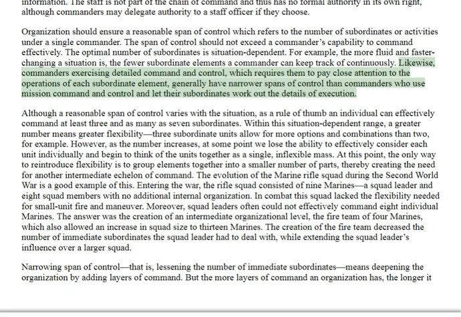Likewise, commanders exercising detailed command and control, which requires them to pay close attention to the operations of each subordinate element, generally have narrower spans of control than commanders who use mission command and control and let their subordinates work out the details of execution.